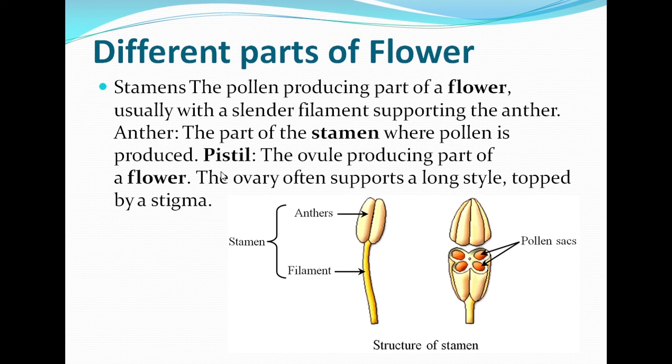Pistil is not mentioned in your book, but you should know that the ovule producing part of a flower is known as pistil. Now, this is stamen total, this is stamen, and this is anther, and this is filament. Okay, this is the structure of stamen.